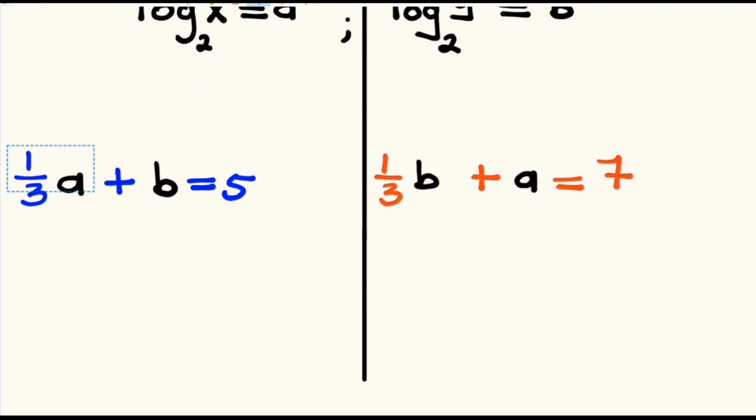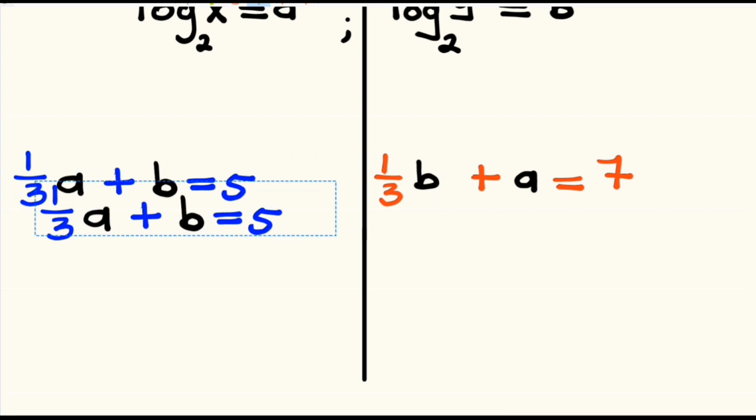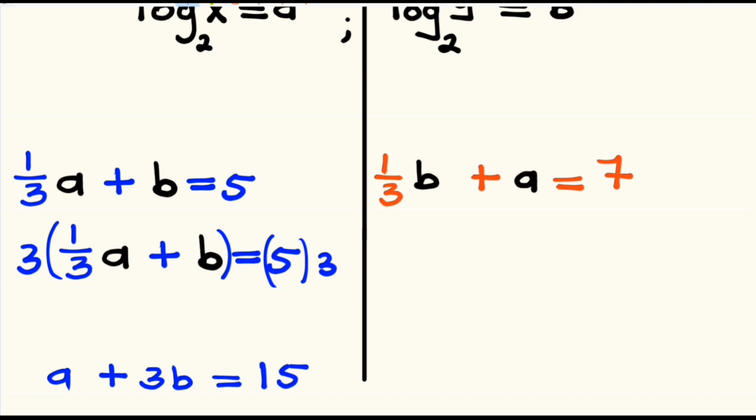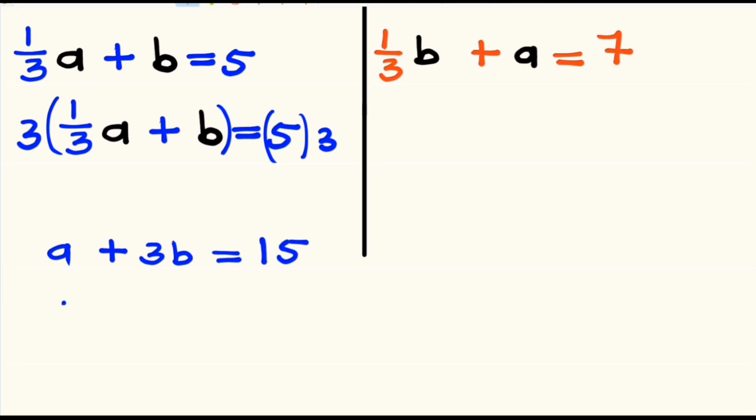Let's start with the left hand side. We multiply both sides of the equation by 3, and we end up with a plus 3b is equal to 5 multiplied by 3, which is equal to 15. Making a the subject, we have a is equal to 15 minus 3b.